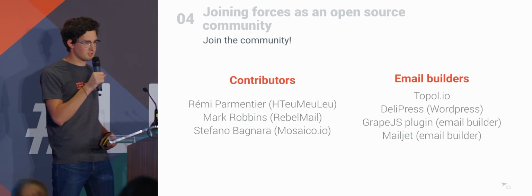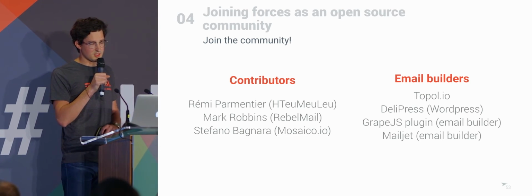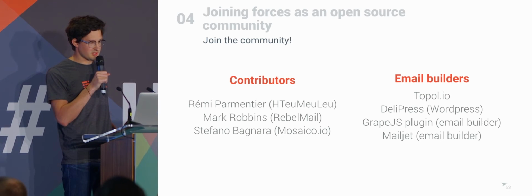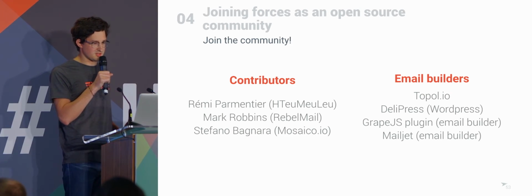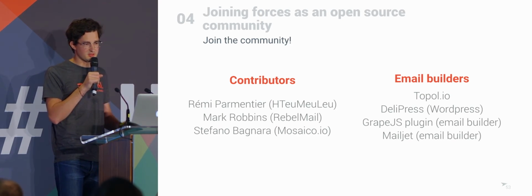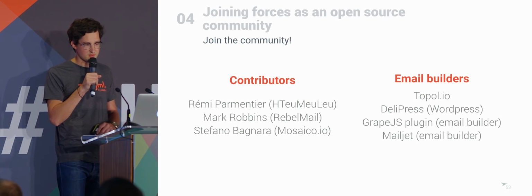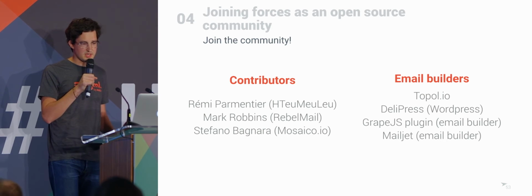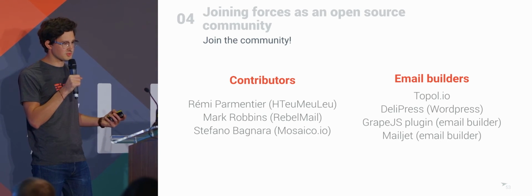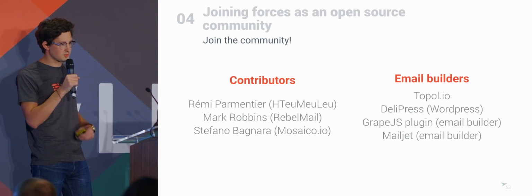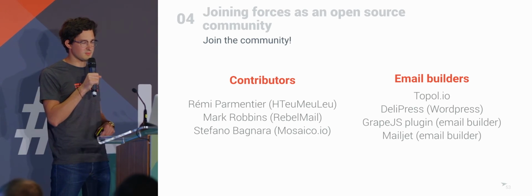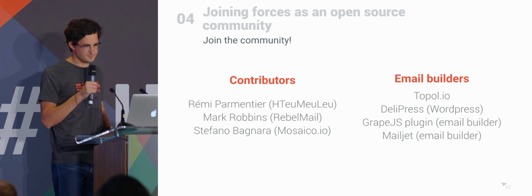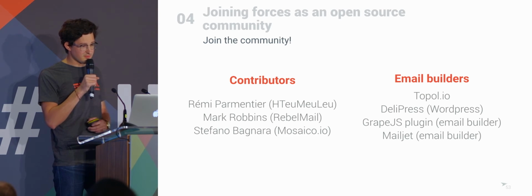It's a very popular open source email builder that some ESPs use too, and he has contributed by integrating MJML inside it. Some email builders also rely on MJML, so all of those who integrate it also participate actively in the improvement of MJML.